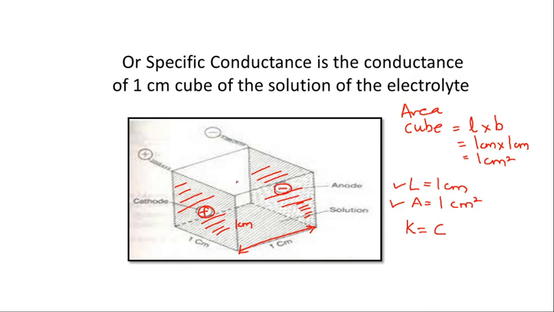Now, specific conductance is the conductance of 1 centimeter cube of the solution. So if I put a solution in this cube, it becomes 1 centimeter cube of the solution of the electrolyte. Whatever conductance is produced by this solution in 1 centimeter cube becomes equal to specific conductance.